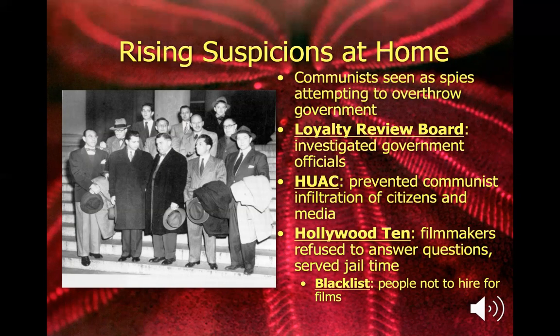And we start becoming very hypocritical that we're in this to protect freedoms for people. However, we really weren't protecting the freedoms of people who maybe didn't want to answer those questions. So it happens to those filmmakers and others that refuse to answer questions, as they are blacklisted. What that means is that you're put on a list and then people would not hire you.